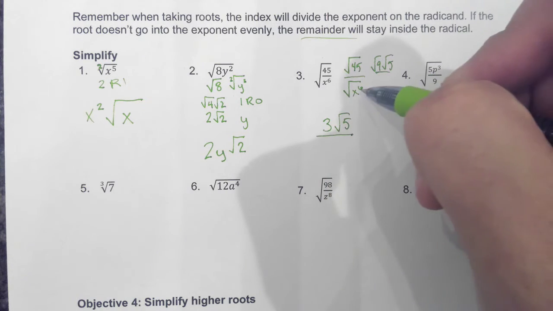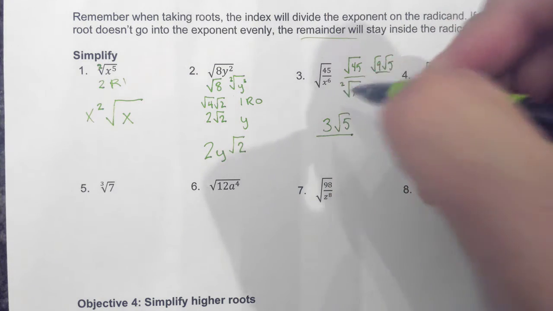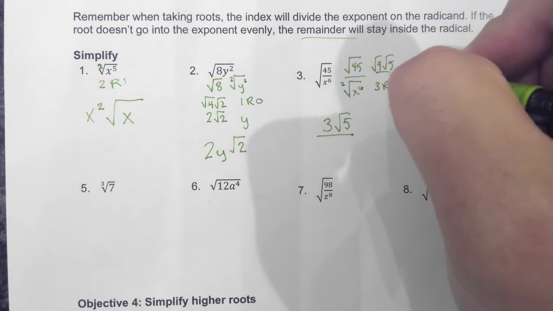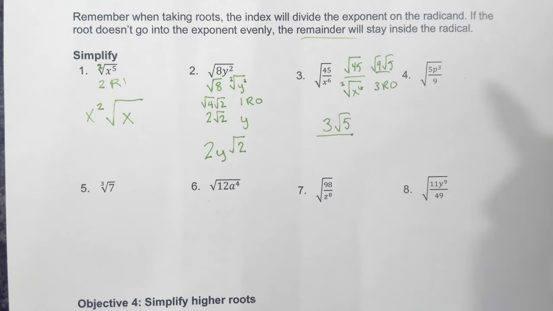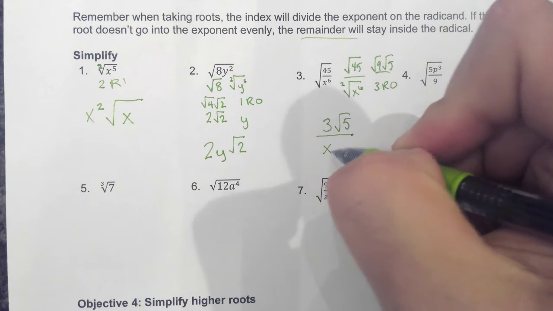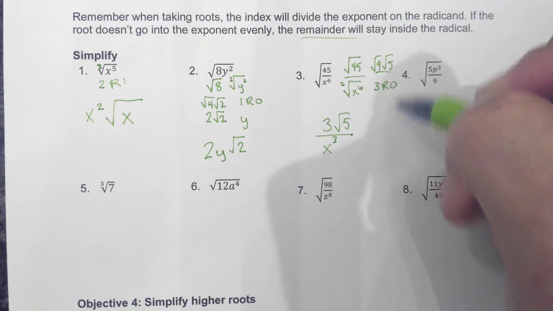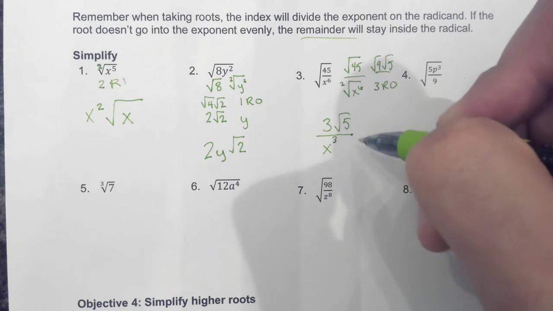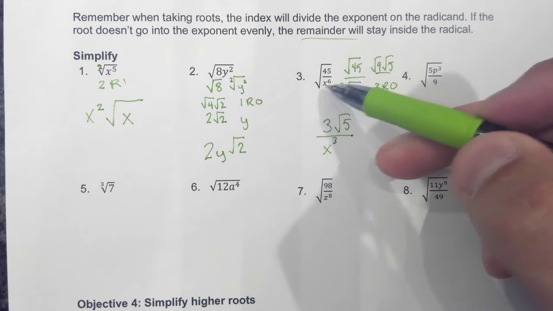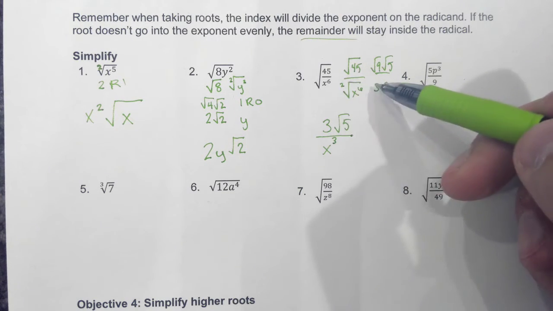And then on bottom, put the index. How many times does 2 go into 6? It goes into it 3 times with a remainder of 0. So again, that represents the variable's exponent on the outside. The remainder is the variable's exponent on the inside of the radical, but there isn't one, so that would be just x cubed. Remember, the index divides the exponent. 6 divided by 2 is 3.